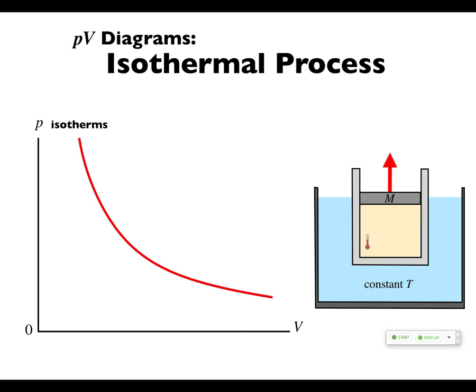They're these curves, and they look like an inverse. Guess why? Because they are an inverse. Because if you think about PV equals nRT, if you're looking at the T part of the diagram, that's going to be an inverse.